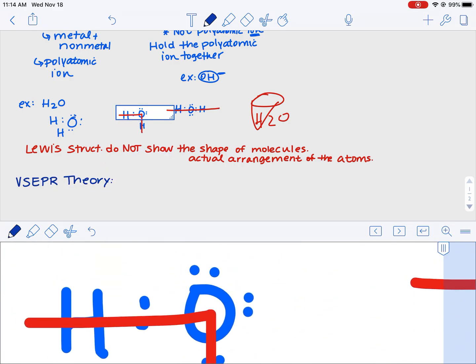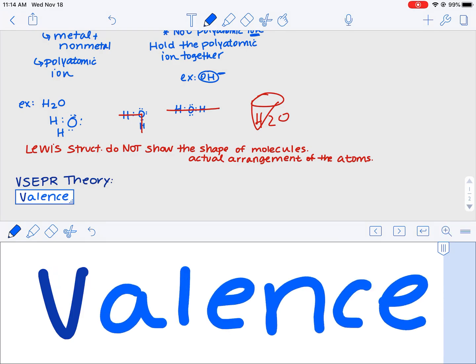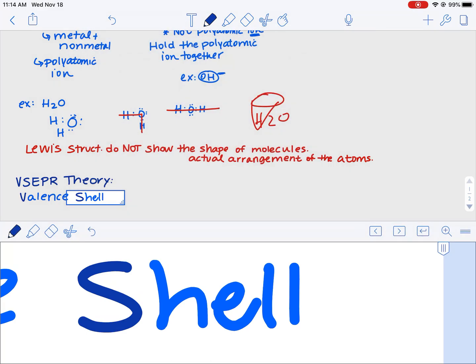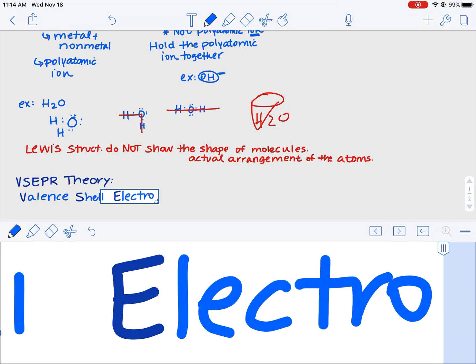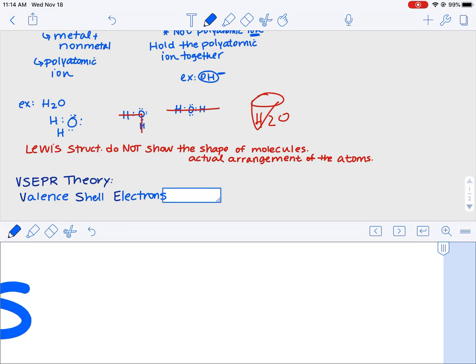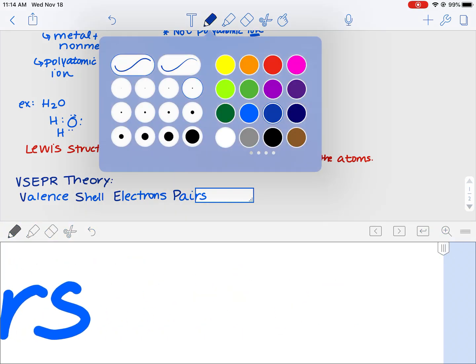The VSEPR theory says when you look at water, for example, those valence shell electron pairs on the central atom are going to wind up repelling each other.